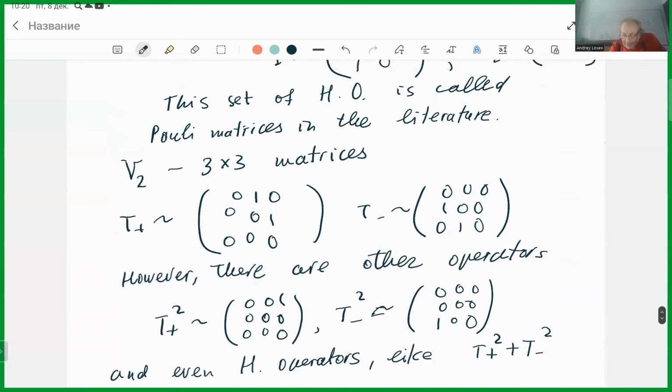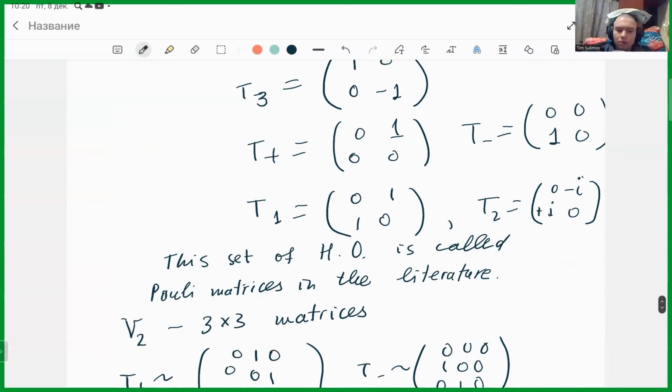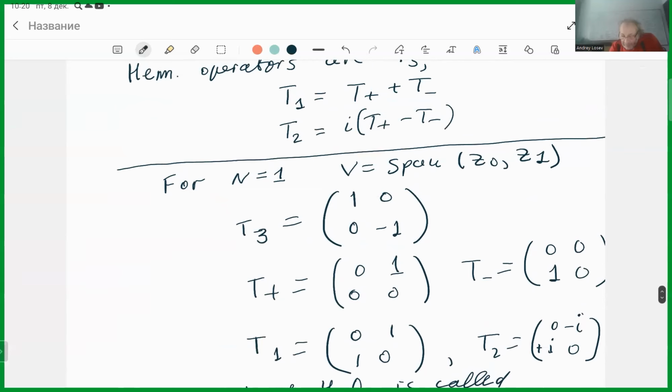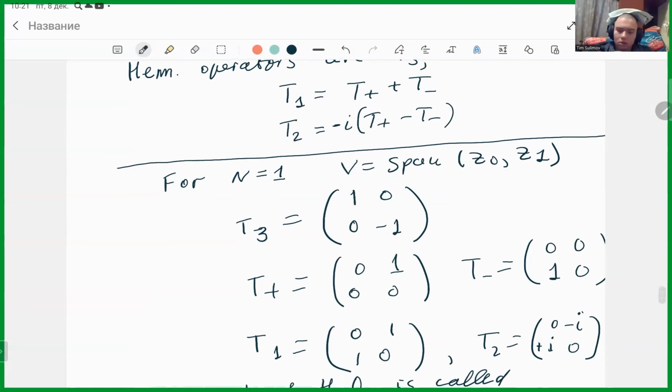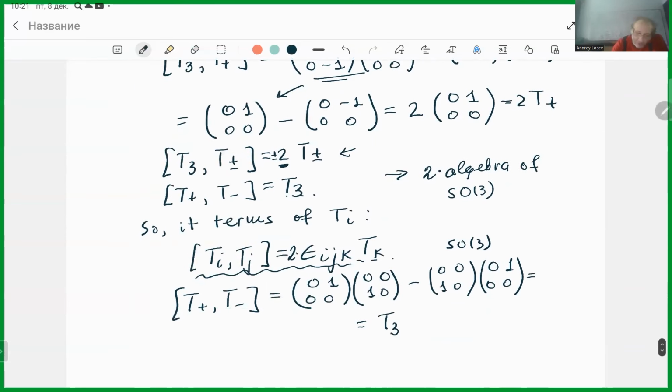Did I make any kind of mistake? Can you scroll a bit further up? Well, here everything is fine except for the sign in front of T2. T2 should be minus i. But everything else is correct. So it means that there is no coefficient of 2 here, but there should be an i.